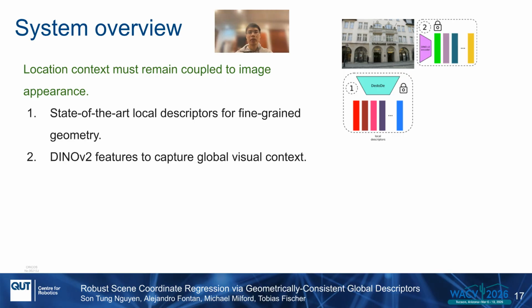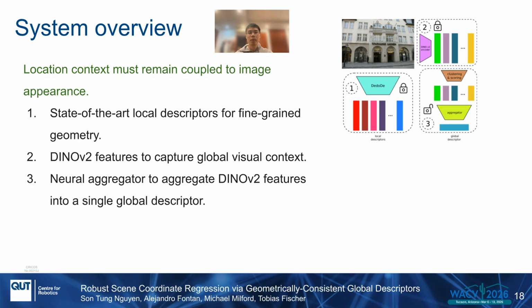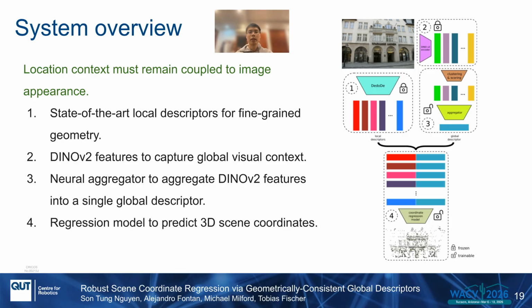Second, we use DINOv2 to capture the global visual context of the image. Third, we use a neural aggregator to aggregate the DINOv2 features into a global descriptor. Finally, we concatenate the global descriptor with the local descriptors to produce 3D predictions with the regression model.